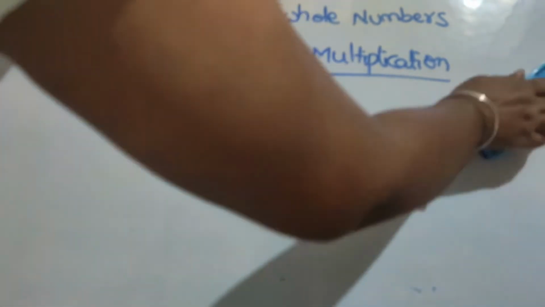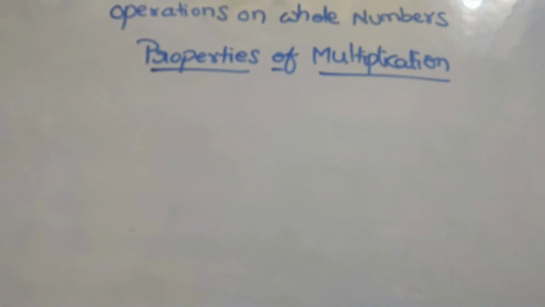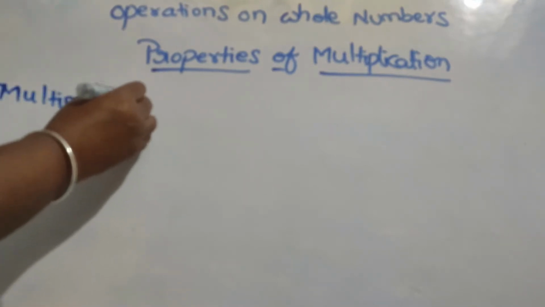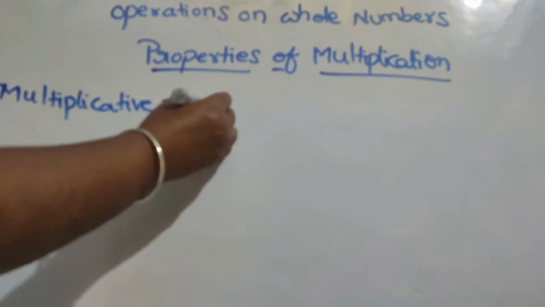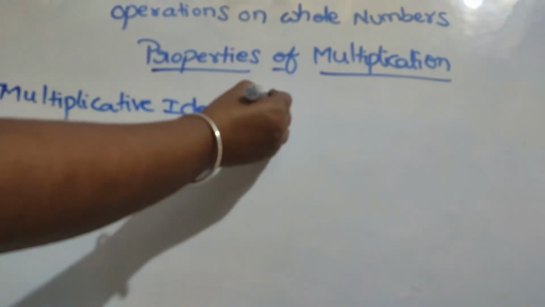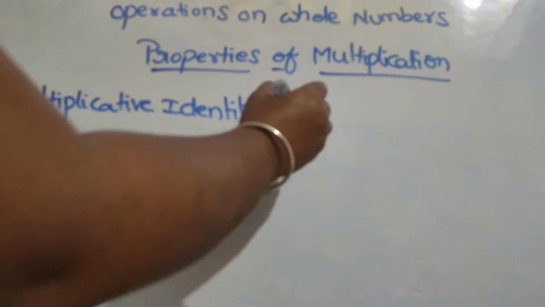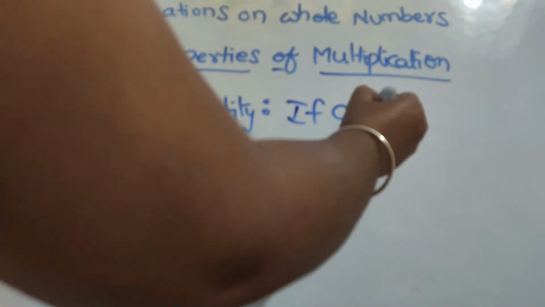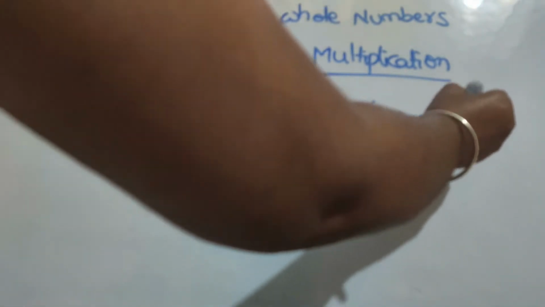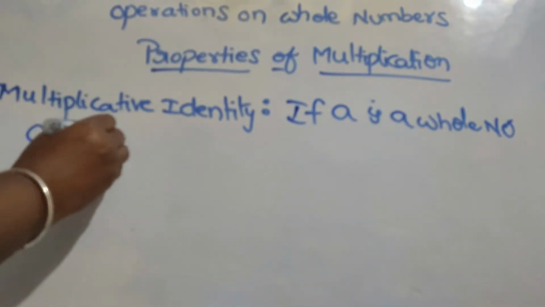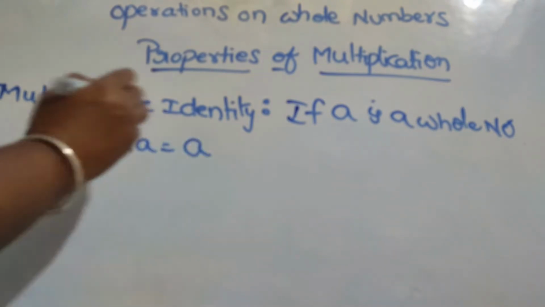Moving to the fourth property under multiplication, the multiplicative identity. Whenever multiplying with a number, if you get the same number itself, it is called the multiplicative identity. Example, if a is a whole number, a into 1, 1 into a, the answer will be a only.